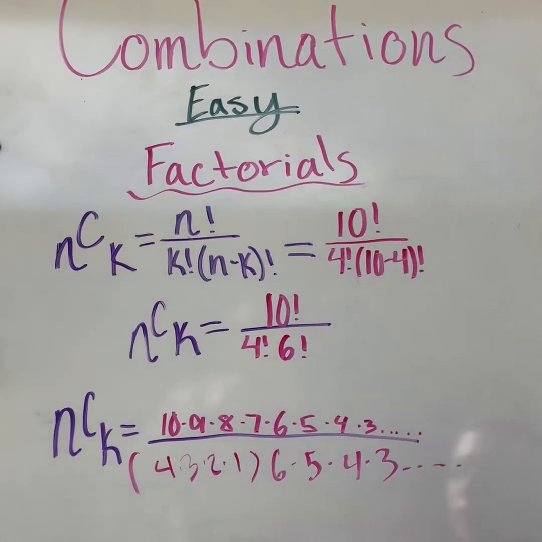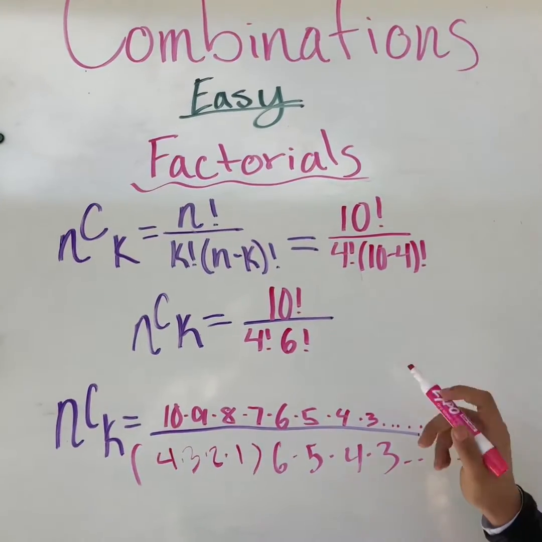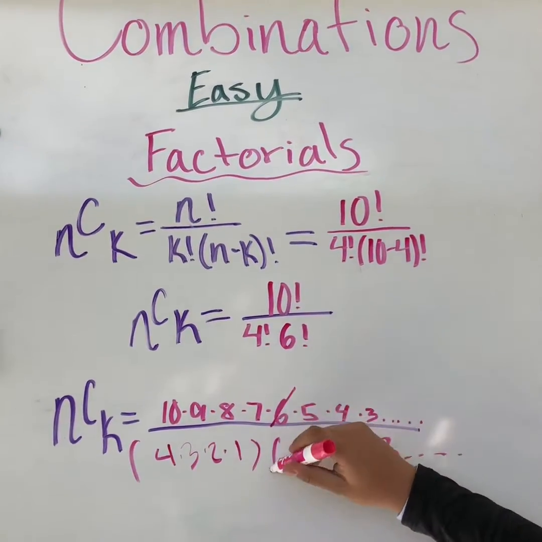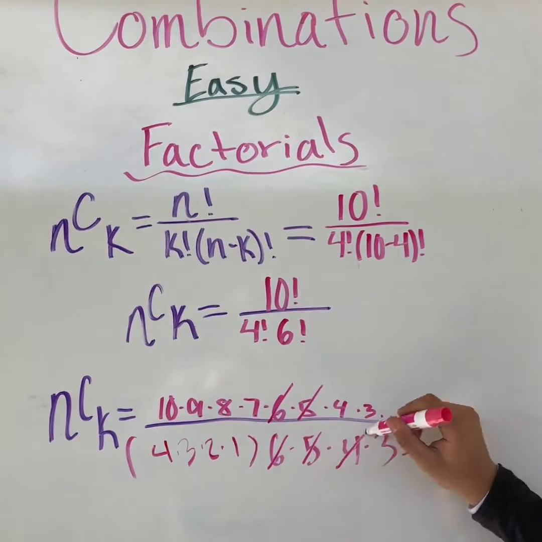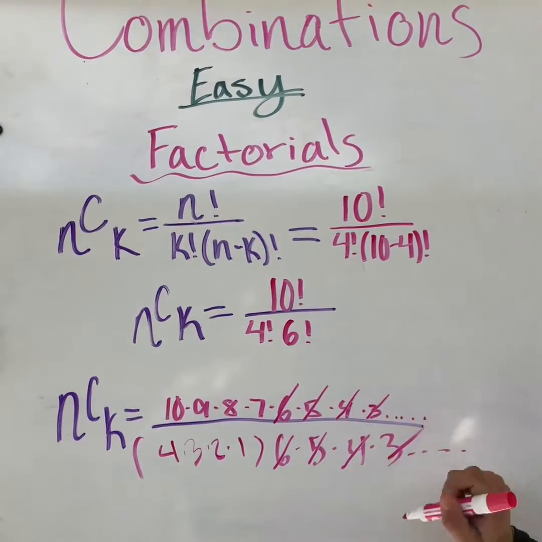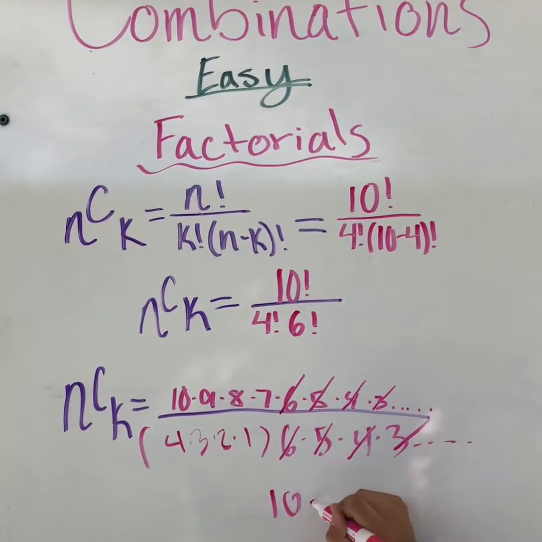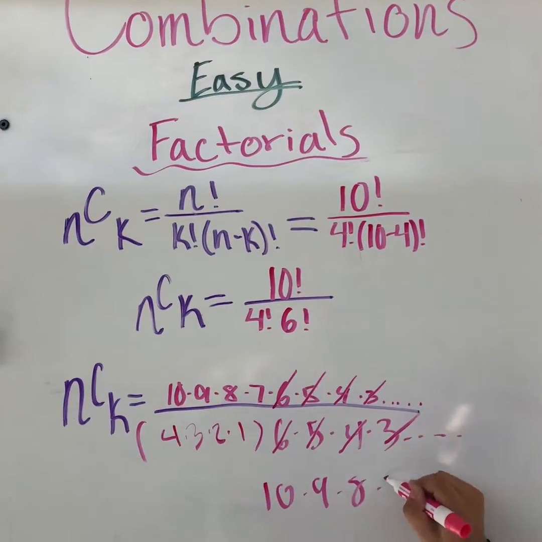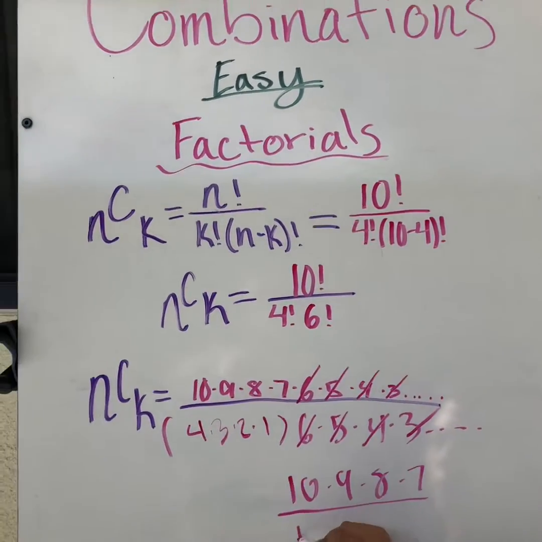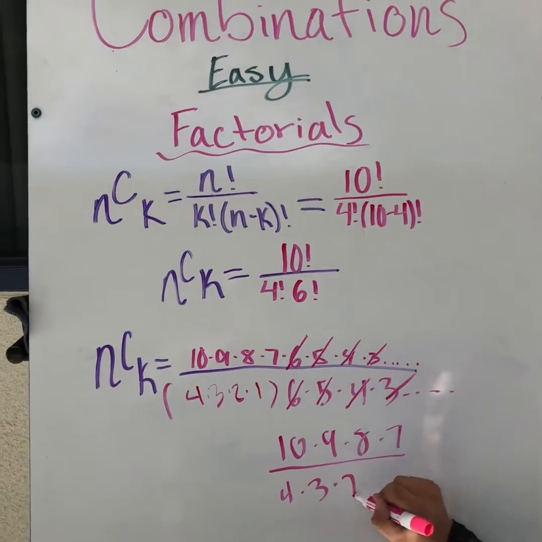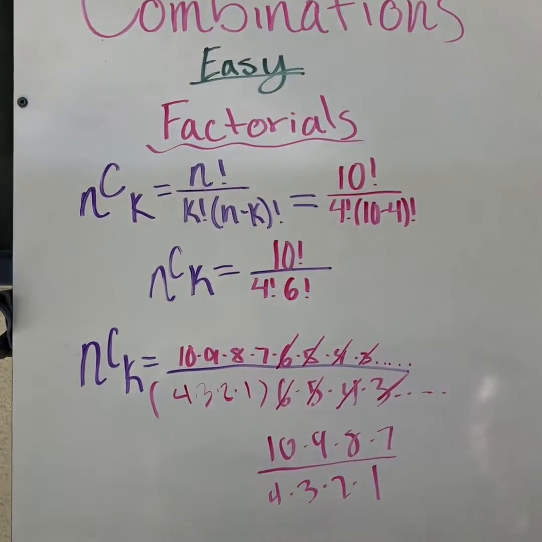To simplify this fraction, you can cancel out the biggest factorial on the bottom with the top. So now you have 10 times 9 times 8 times 7 with 4 times 3 times 2 times 1 below it.